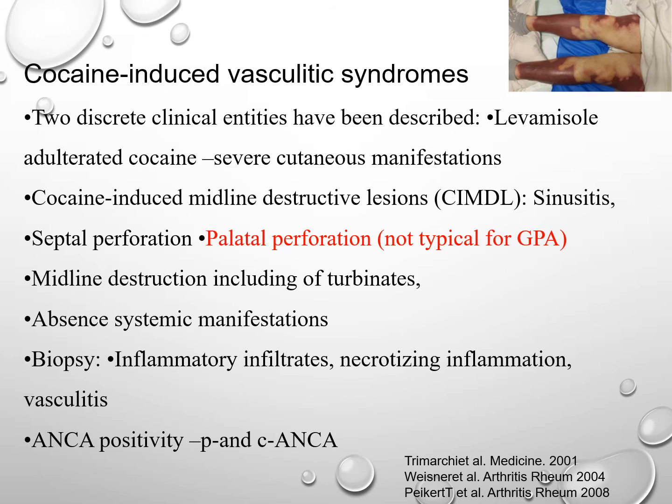So if you have a young patient with palatal perforation, think about cocaine-induced vasculitis. Absence of systemic manifestations, and skin plus upper respiratory tract involvement, can also guide you for those patients. Unfortunately, the biopsy may show inflammatory infiltrate with necrotizing inflammation and vasculitis, and some of those patients will also show positivity toward p-ANCA.